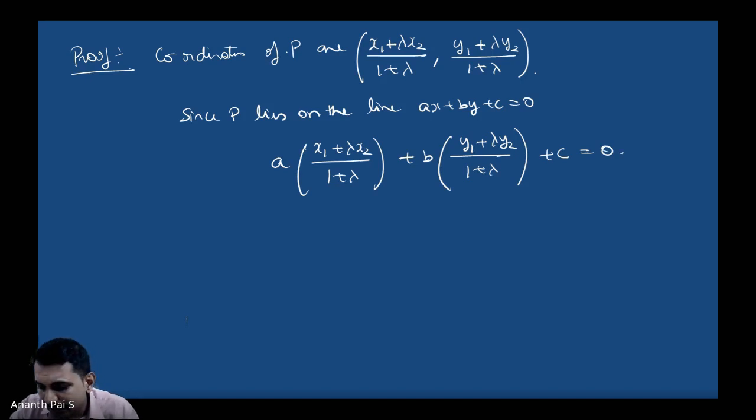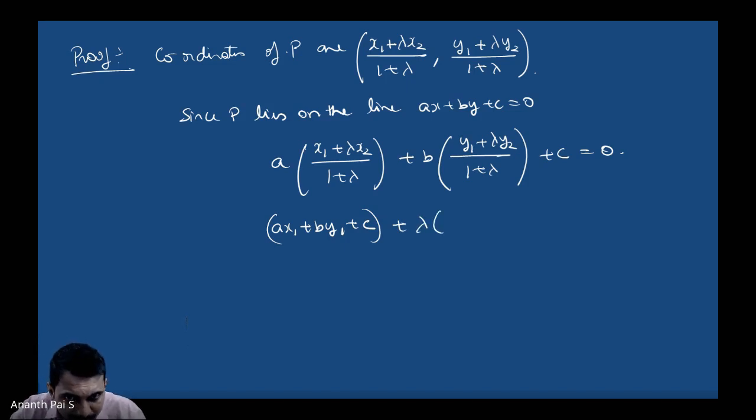Correct. So we can write this as ax1 plus by1 plus c, plus lambda into ax2 plus by2 plus c, is equal to 0.